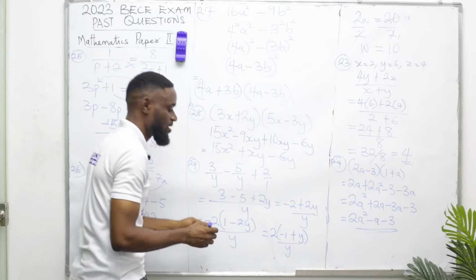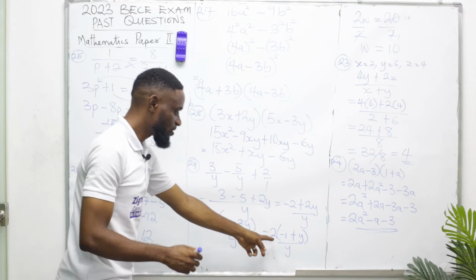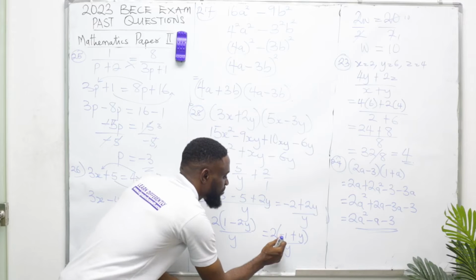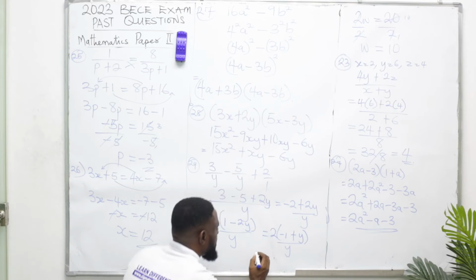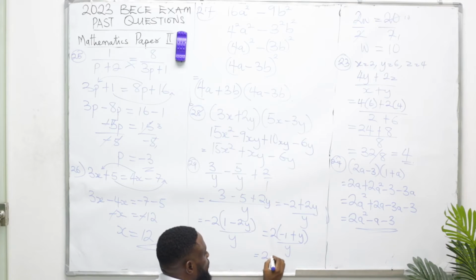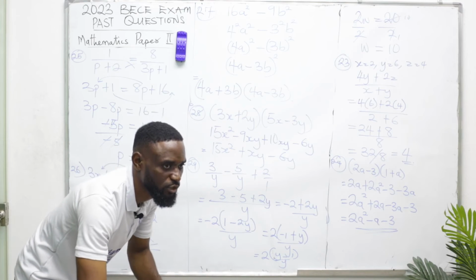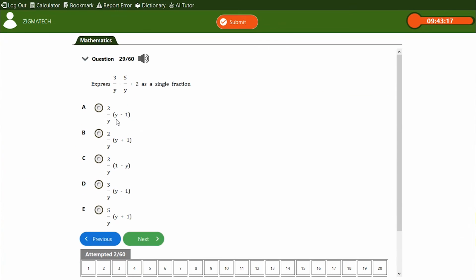Can you see that now? What they did was bring y here and bring 1 this way, so this is equal to 2 into y minus 1, all over y, which is what we have in the first option. So this is the correct option, option A, right?